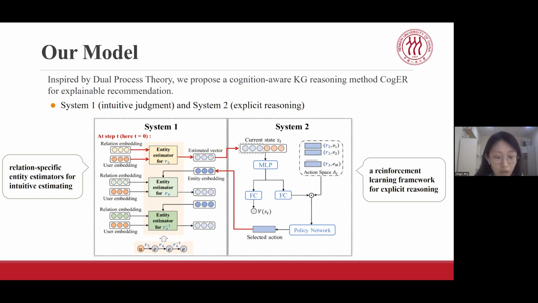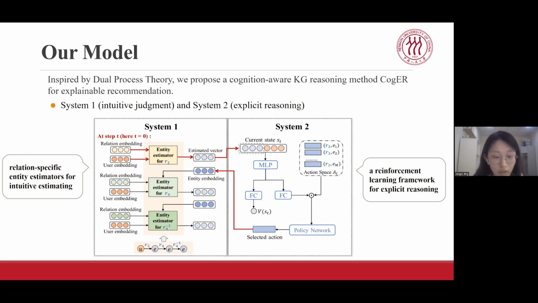System 2 uses this vector as guidance, finds the reasonable entity in the knowledge graph, and feeds the entity back to system 1. These two modules interact with each other during reasoning until the final reasoning path is obtained. The red arrows in the figure indicate the workflow at the first reasoning step.